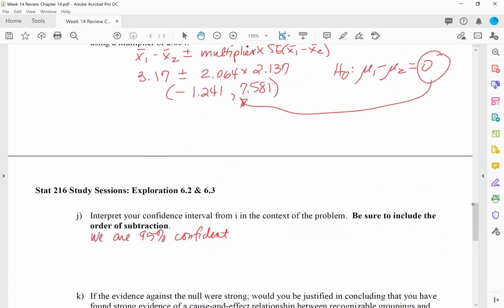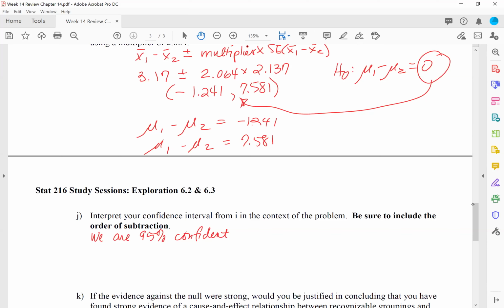And when I think about a confidence interval, I want to think about that relationship between mu1 and mu2. So I know that the difference between mu1 and mu2 based on my confidence interval could be between negative 1.241 and positive 7.581.